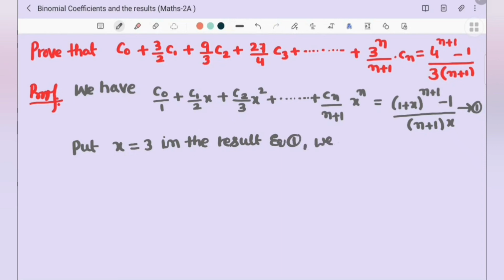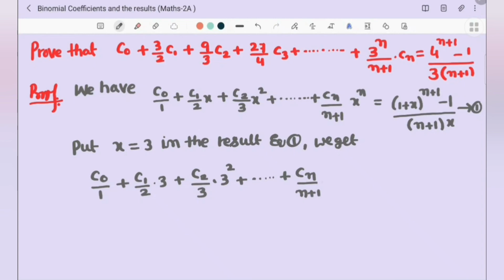We get C0 by 1 plus C1 by 2 into 3 plus C2 by 3 into 3 square plus and so on, Cn by n plus 1 into 3 power n is equal to 1 plus 3 whole power n plus 1 minus 1 divided by n plus 1 into 3.